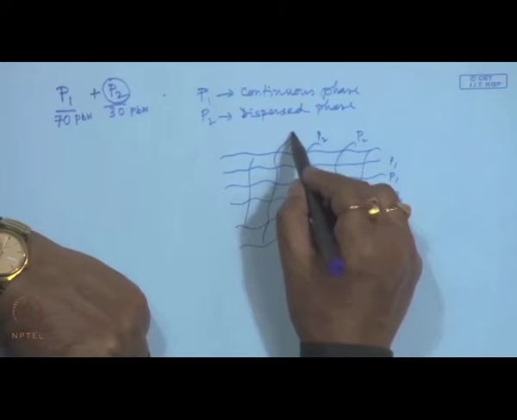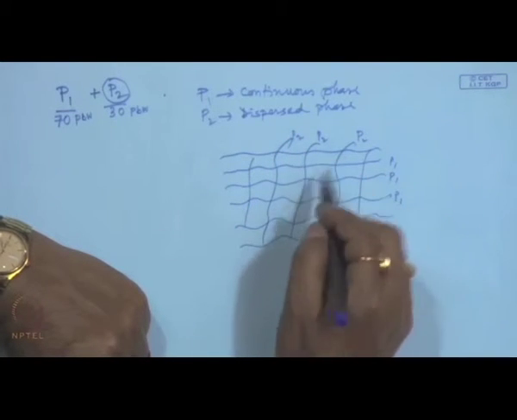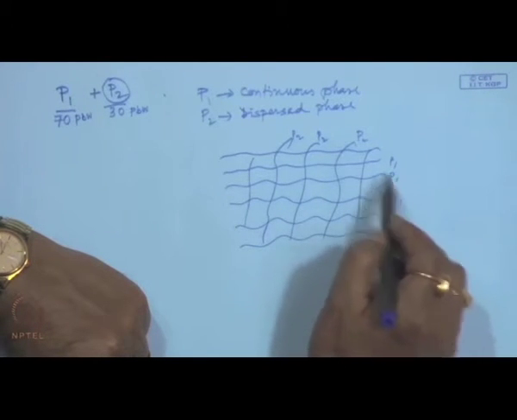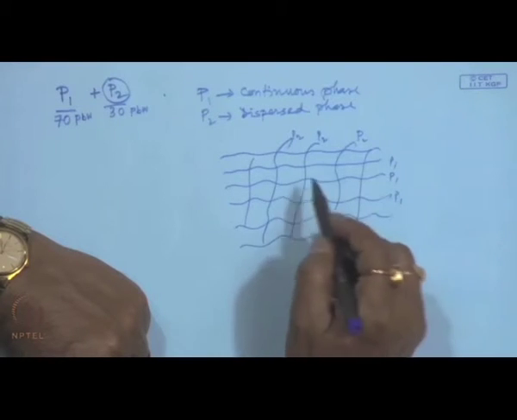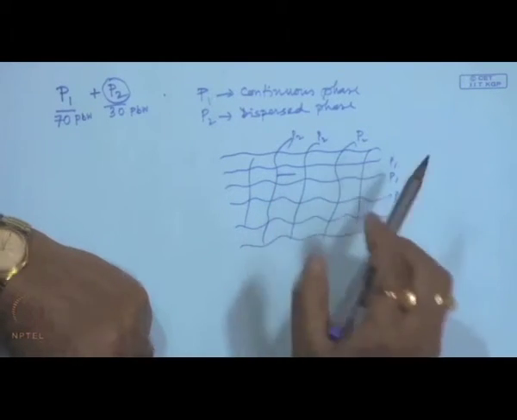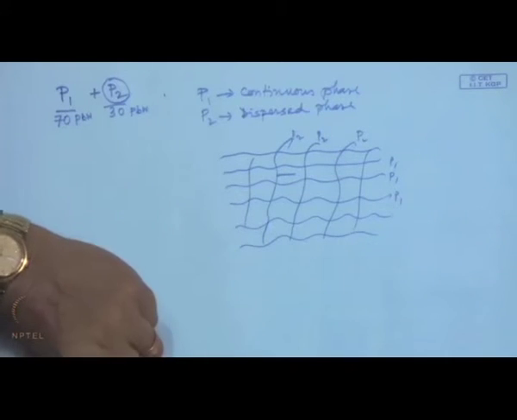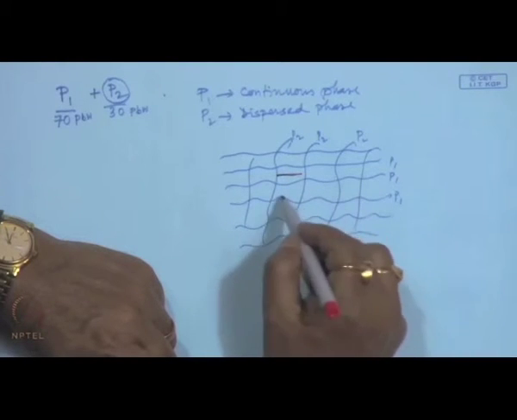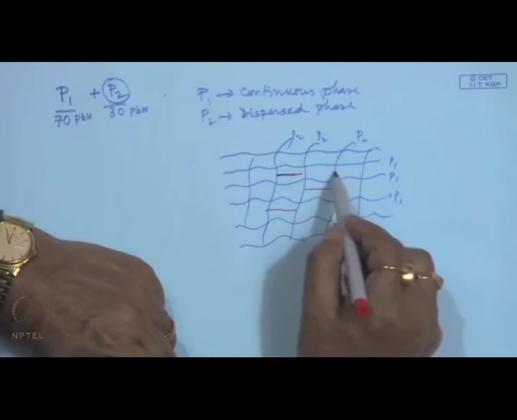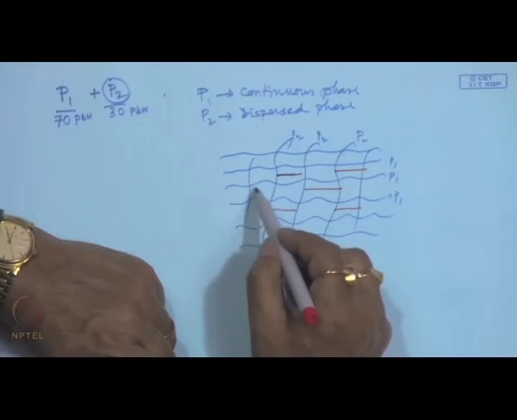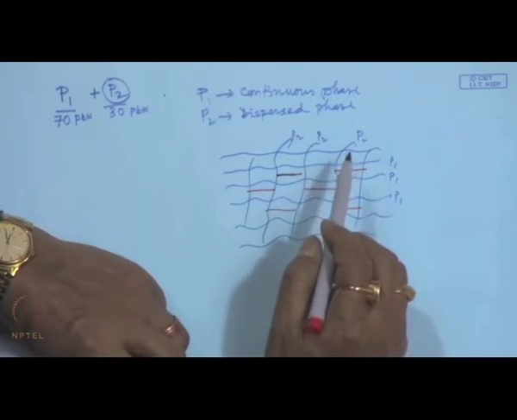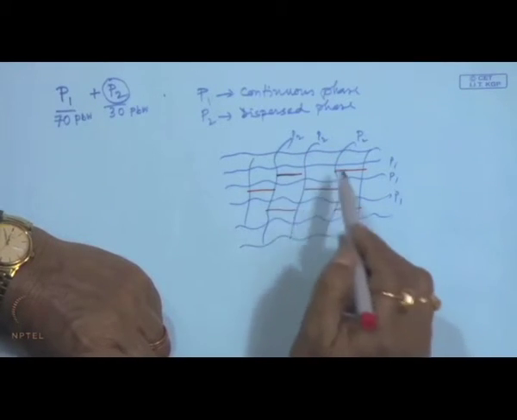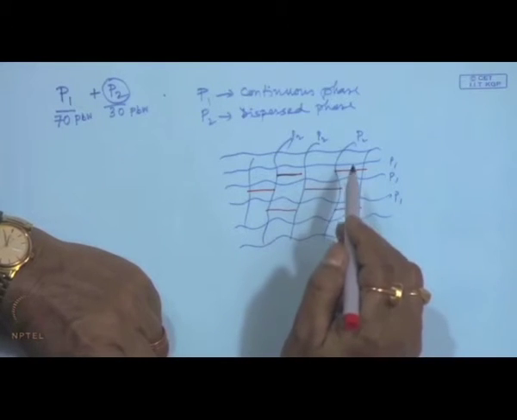Now, P2 molecules are intimately mixed in the P1 phase, that means P2 is dispersed in the P1 phase. Now, if these P2 molecules are interlinked, only P2 molecules, what will happen? The P1 molecules will remain in the cross linked phase of the P2 molecules.